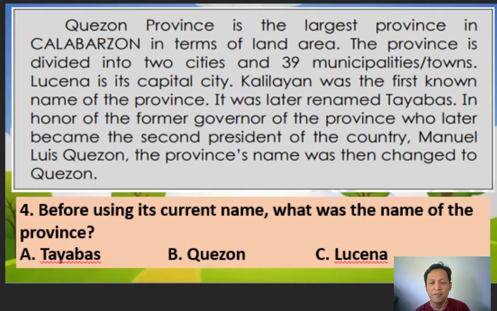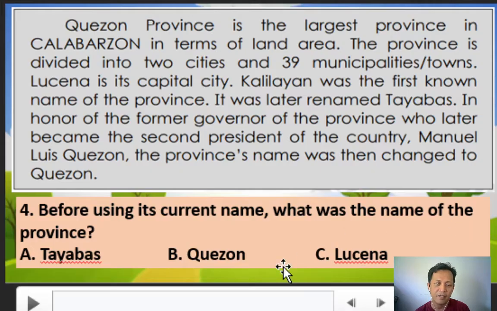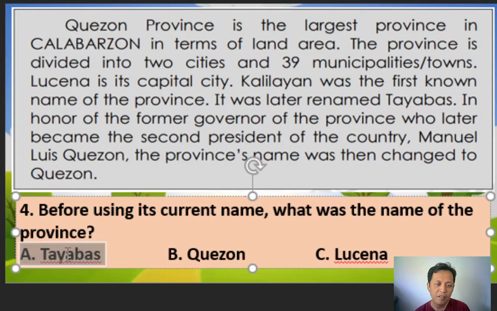The choices are letter A, Tayabas, letter B, Quezon, and letter C, Lucena. So, the correct answer is: before it was Quezon, it was first known as Tayabas.